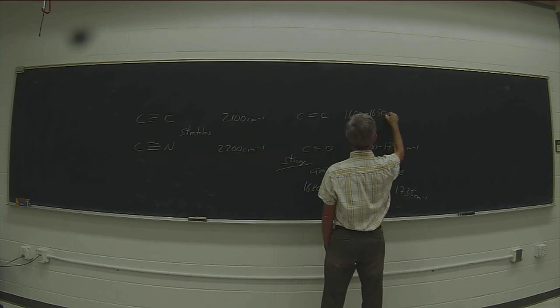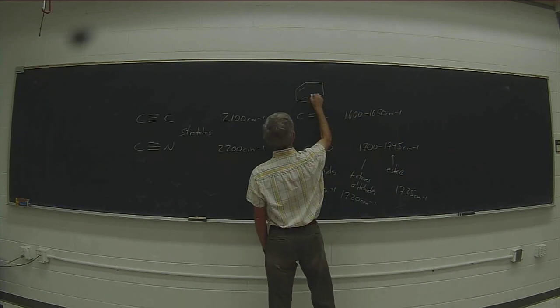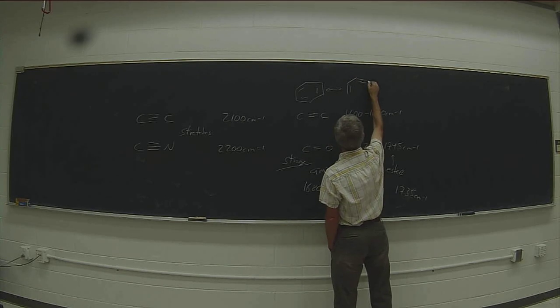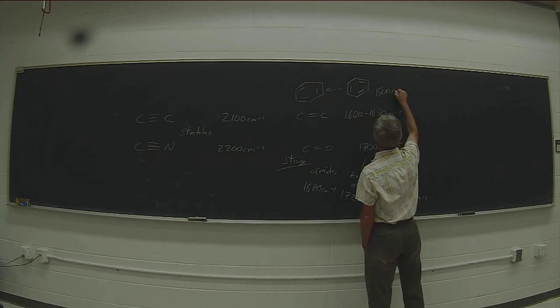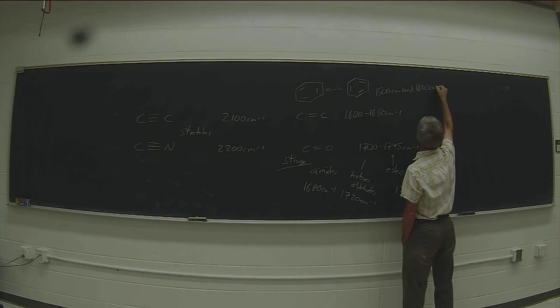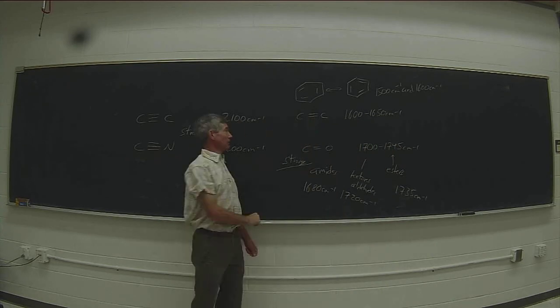And if it's a benzene ring, because you've got that resonance that makes the carbon-carbon bond partially double and partially single, you see two peaks at around 1500 reciprocal centimeters and 1600 reciprocal centimeters.